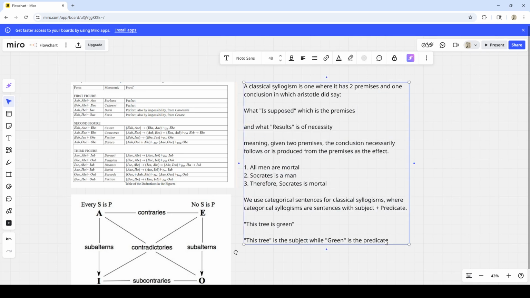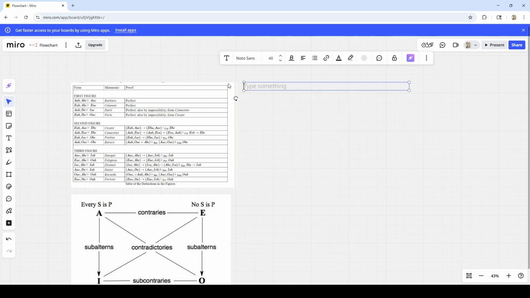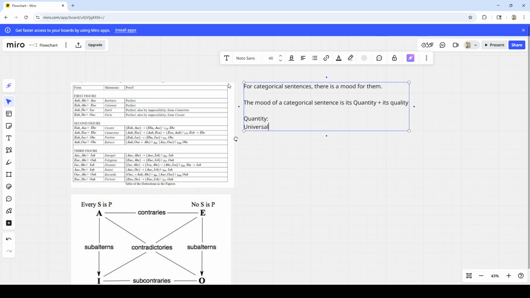Now, for categorical sentences, however, we classify them, or there is a mood for them. The mood of a categorical sentence is its quantity plus its quality. So quantity is either universal or particular, and quality is whether it is positive, affirmative, or negative.